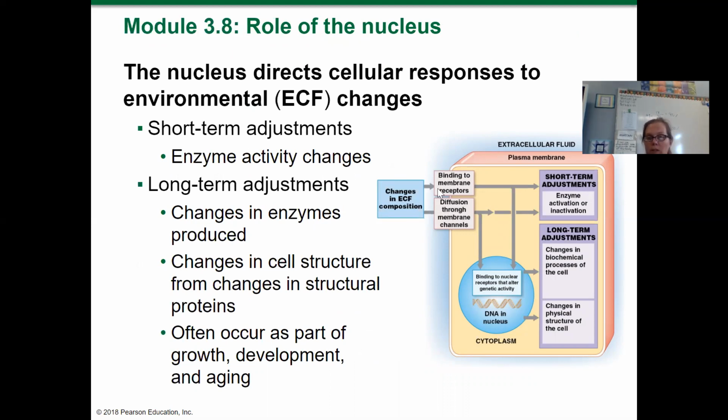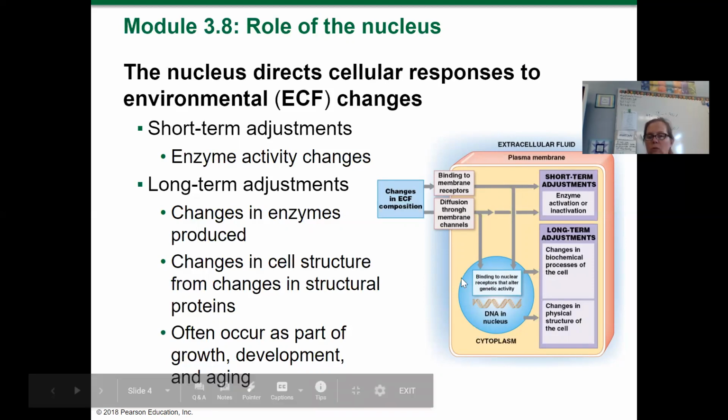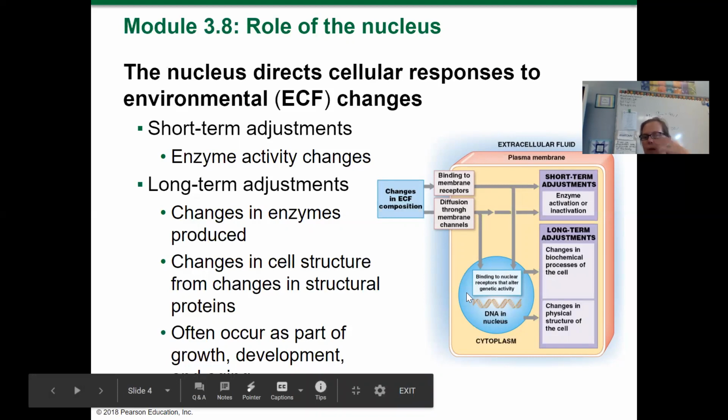If it's a molecule that's small enough to go through the membrane, it will diffuse through. Other things that are too big or maybe too charged will just bind to membrane receptors and trigger a pathway.